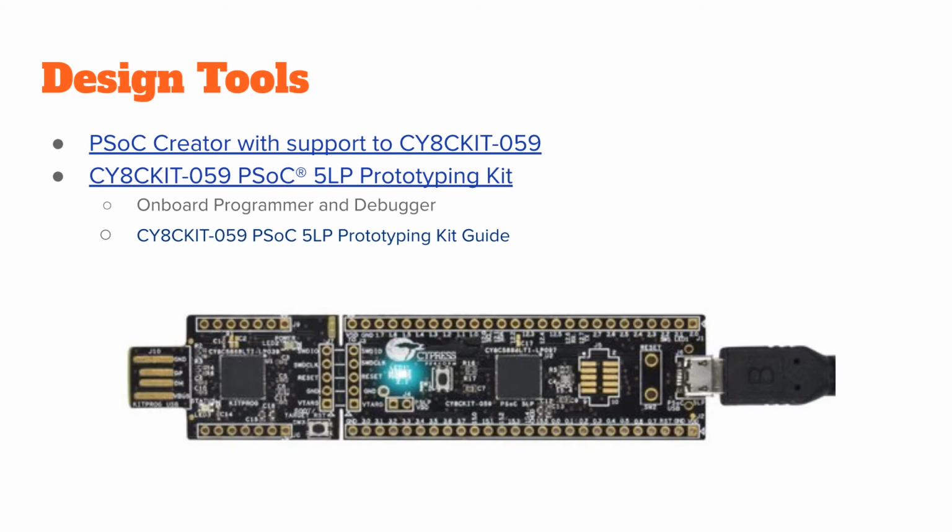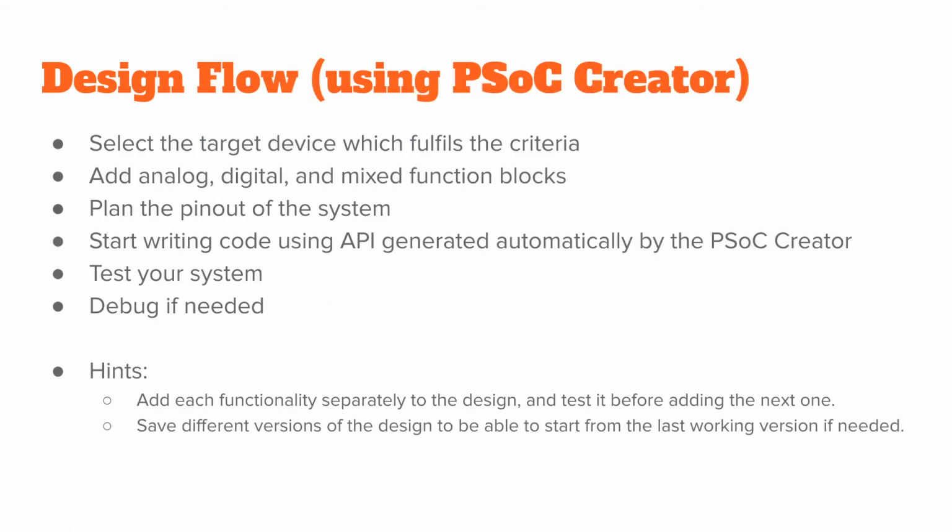Okay, the design flow is roughly like this. First, you would select the target device that fulfills the criteria. On the other hand, when you are doing your first prototype, you would probably use the most capable processor, and then after you have fixed that design, you can go down and find the cheapest processor which fits the purpose.